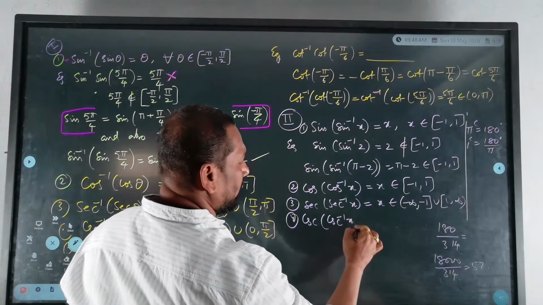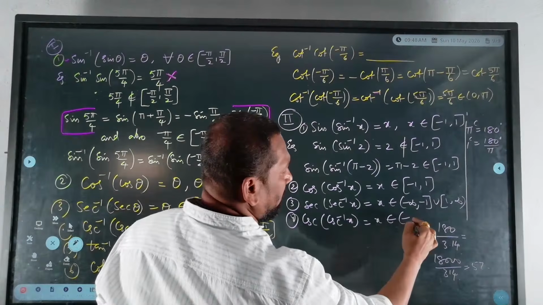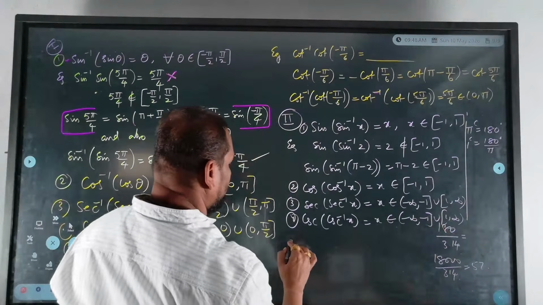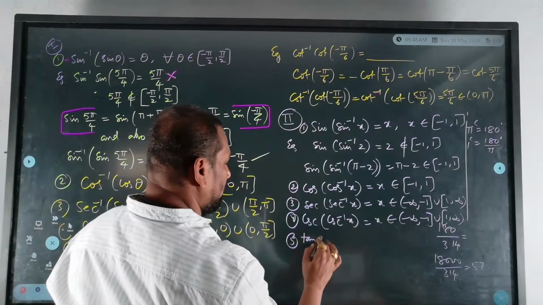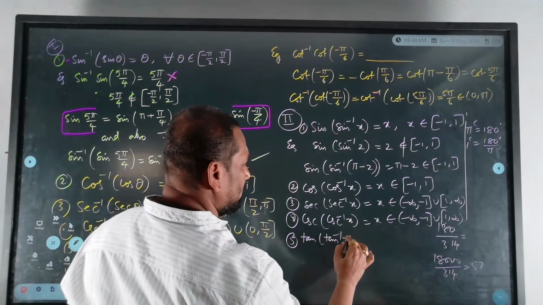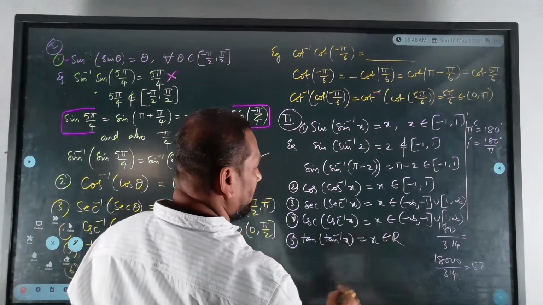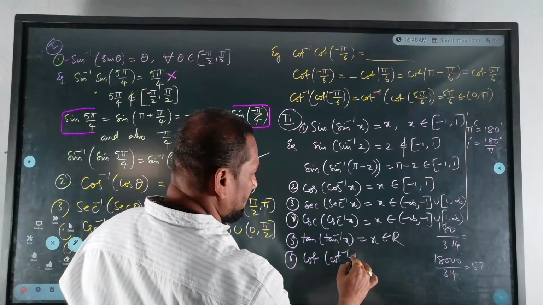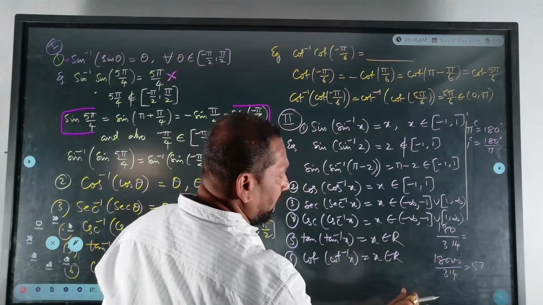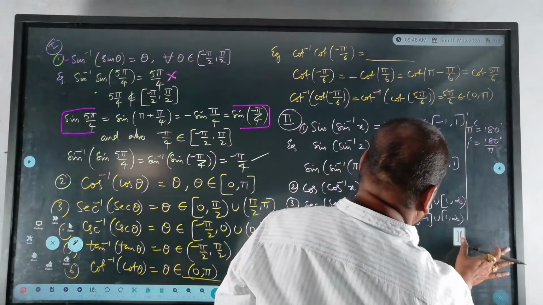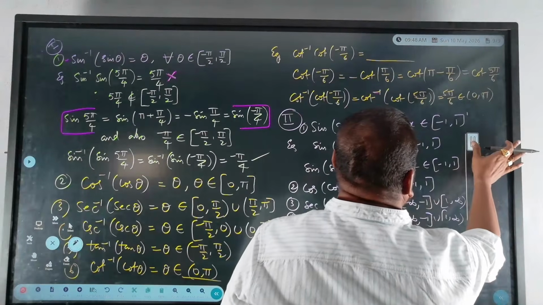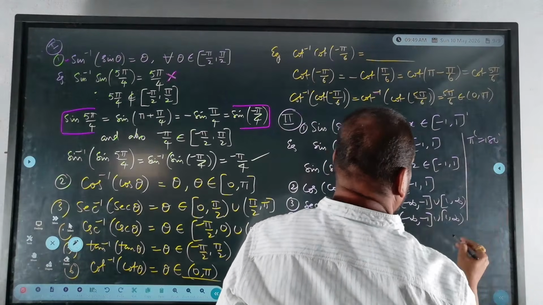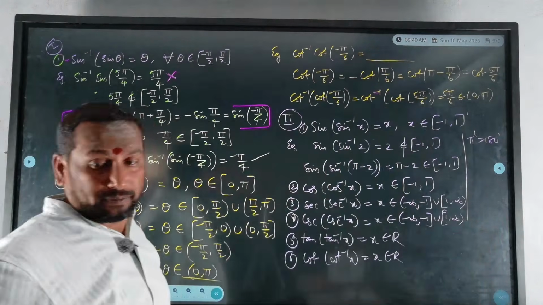Cosecant inverse x, also minus infinity to minus 1 union 1 to infinity. Tan inverse x, which is any real. Cot inverse x is also any real. Right?